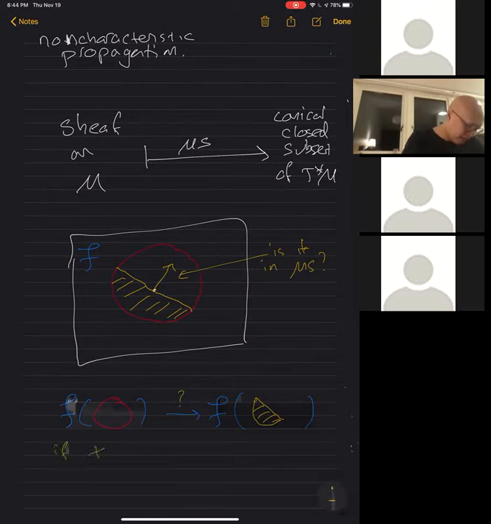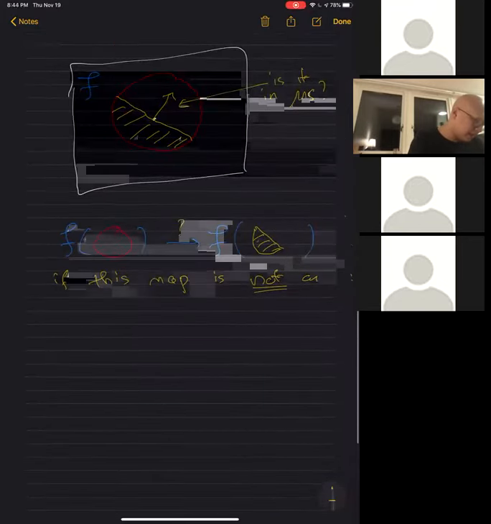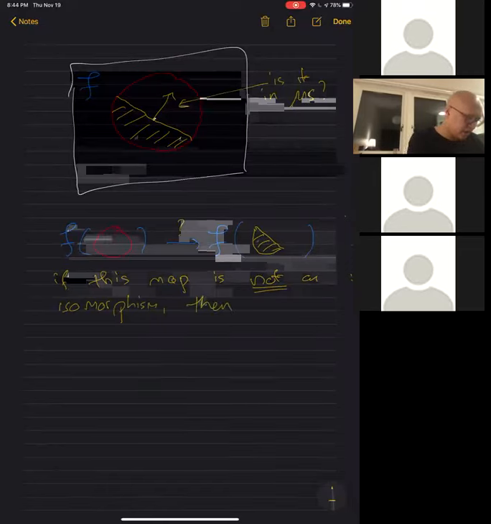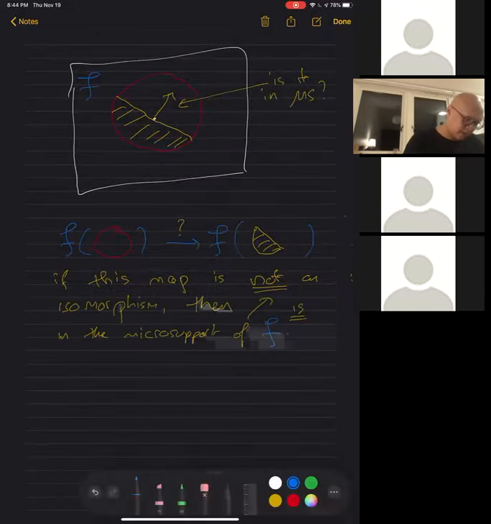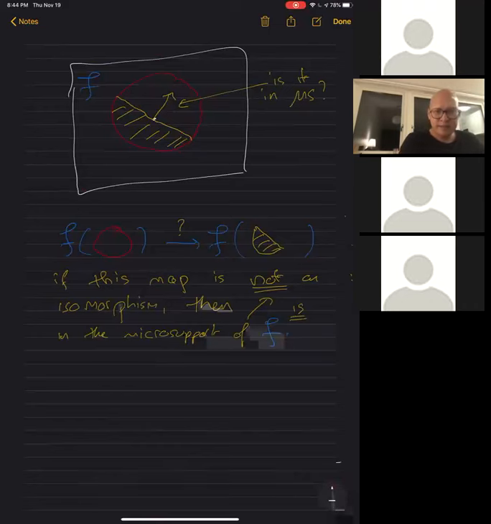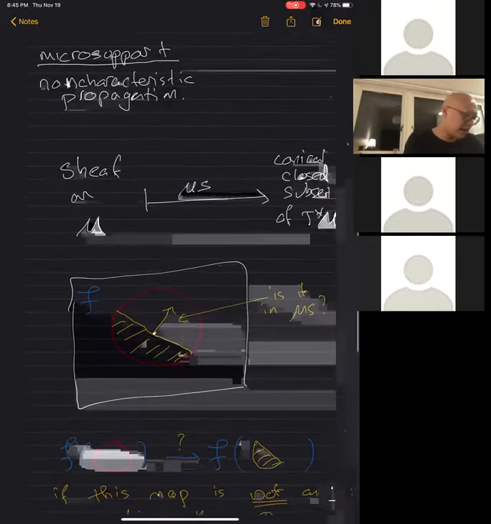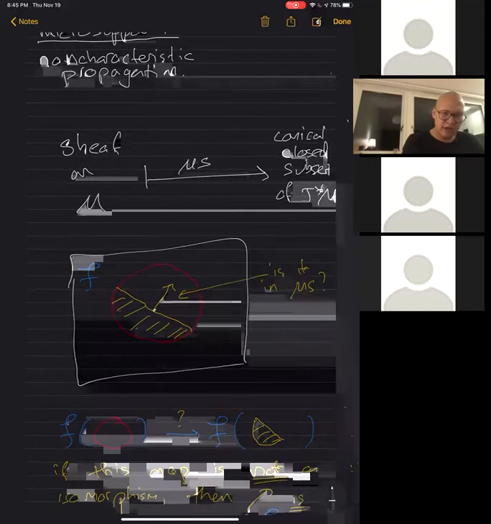If this map is not an isomorphism, then this covector, this yellow covector, is in the microsupport of F. Okay, so the job of the microsupport is it tells you in which directions the sheaf is changing.